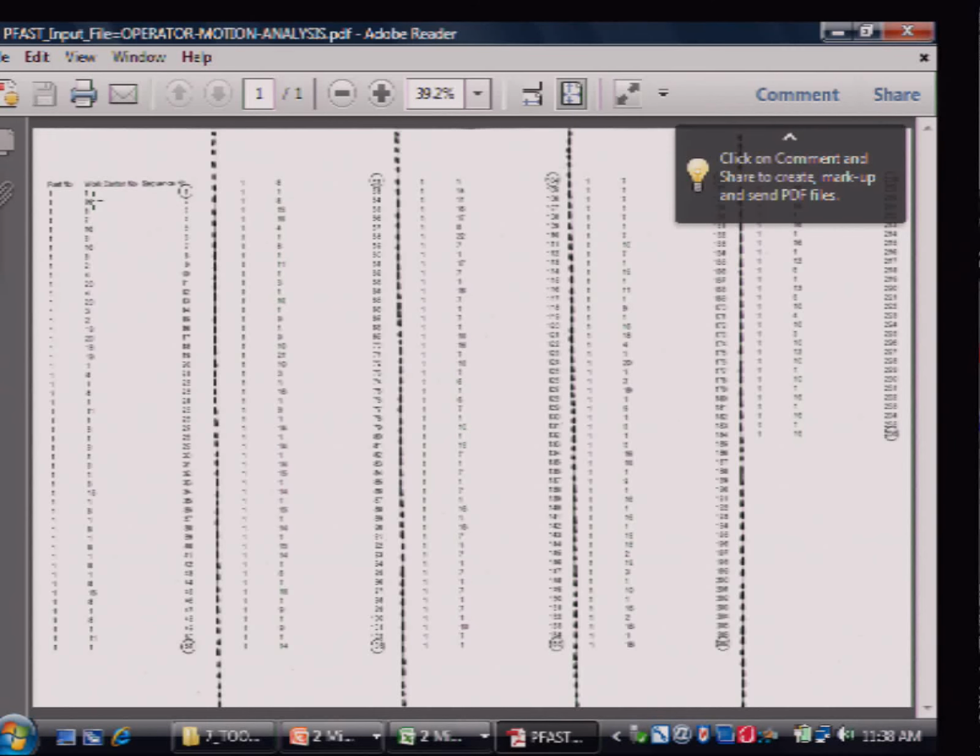So clearly the operator had to move from location 1 to location 16. Step by step between every 2 consecutive operations, you can see that either the operation was done at the previous location or it was done at another location. So this effectively is your route sheet.